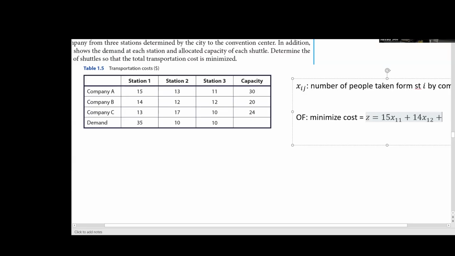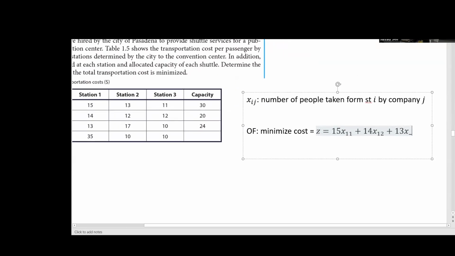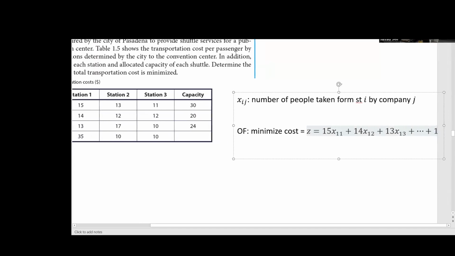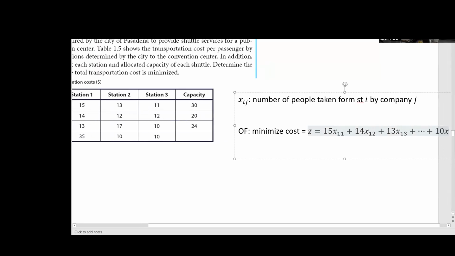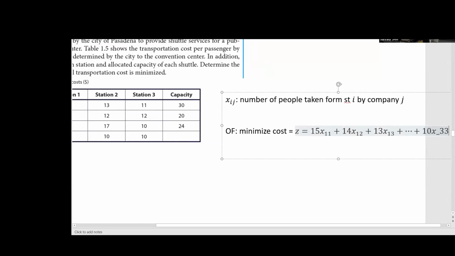Plus 13 X1,3. And then that continues all the way to the last row, last column. Let me write the last one, X3,3.